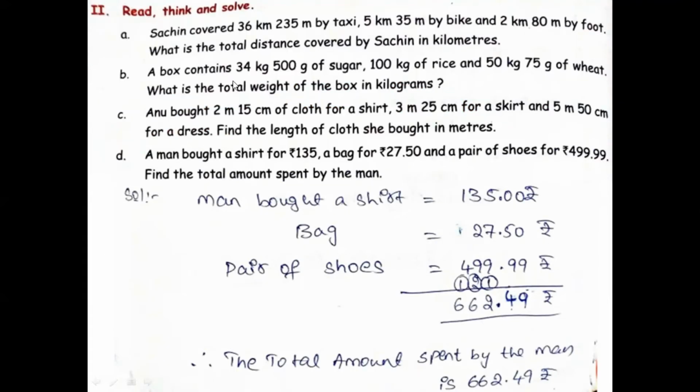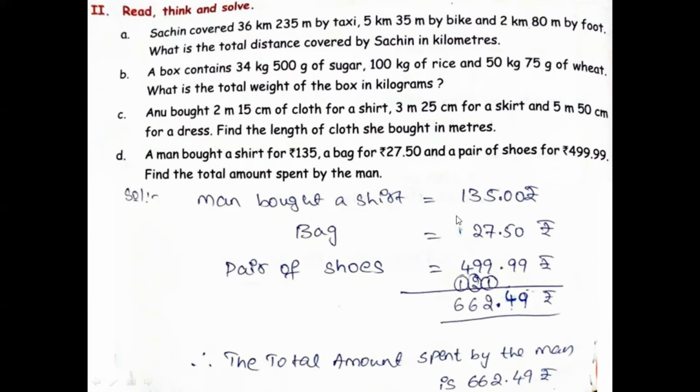Read, think and solve. For example, a man bought a shirt for rupees 135, a bag for rupees 27.50 and a pair of shoes for rupees 499.99. Find the total amount spent by the man. We have to find it. Solution. The man bought a shirt, how much? 135 rupees.